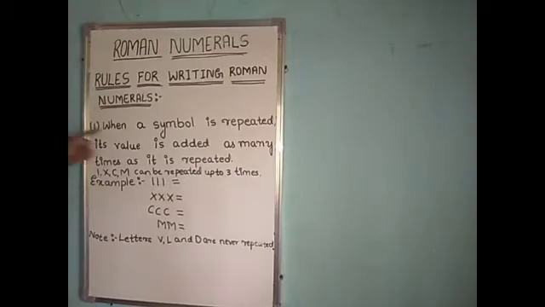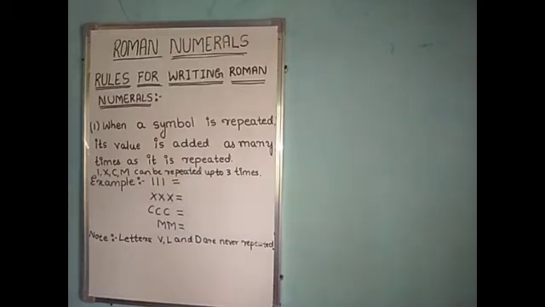First rule: when a symbol is repeated, its value is added as many times as it is repeated. I, X, C and M can be repeated up to 3 times.